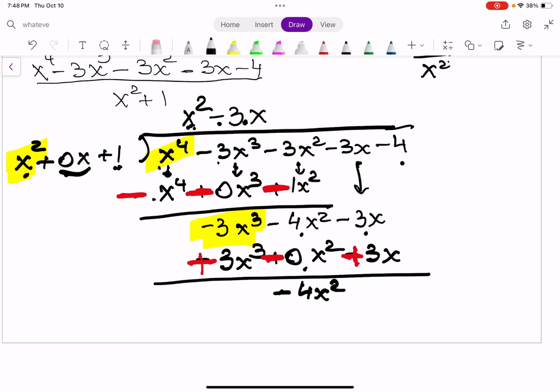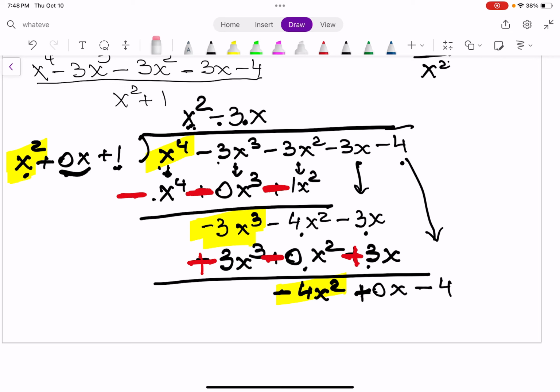Negative 3x plus 3x, in fact, is 0x's. I'm going to write it down. It helps. And bring down the negative 4. Okay. So, again, I just want to account for every single term at every single power. Even if there's none of it left, we still write 0x's.